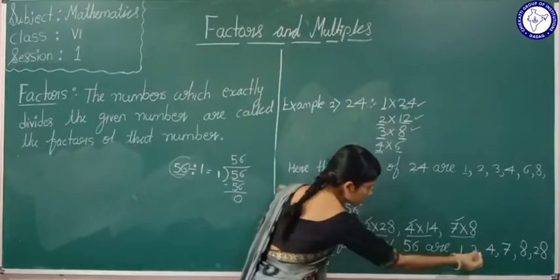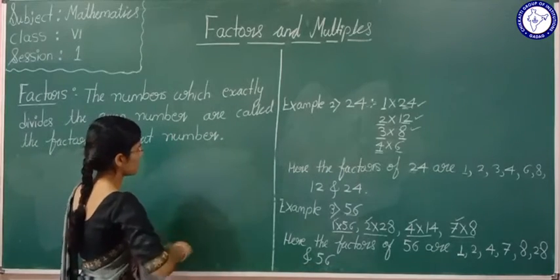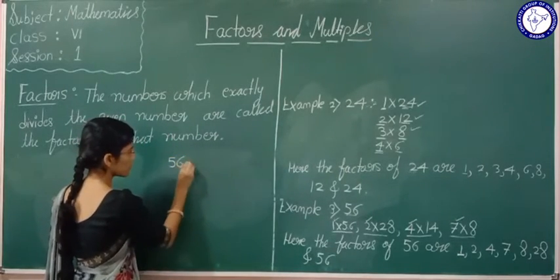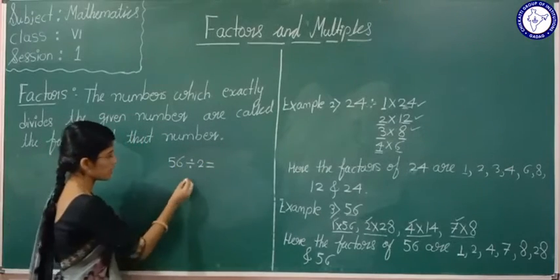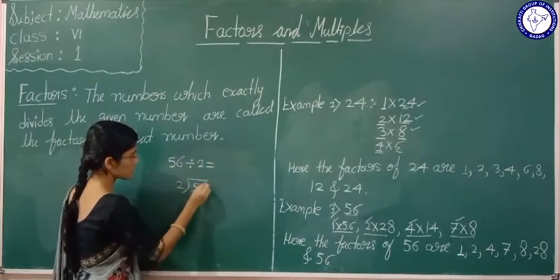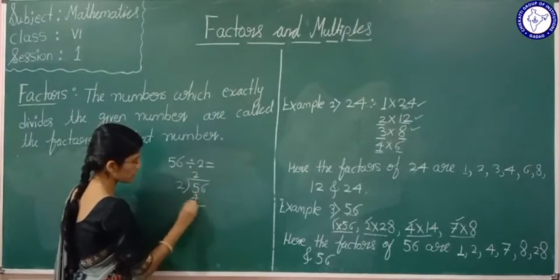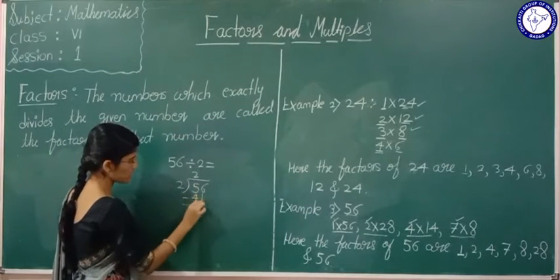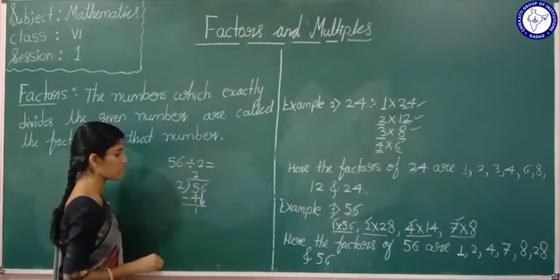Same thing, you do 56 divided by 2. Now 2 is a divisor, 56 is a dividend. So 2 2s are 4. 5 minus 4 is 1. Here 1 is so small, we are taking 6 here.